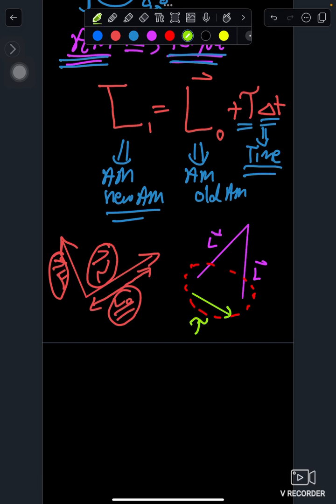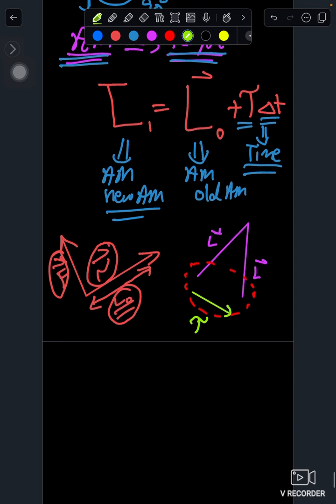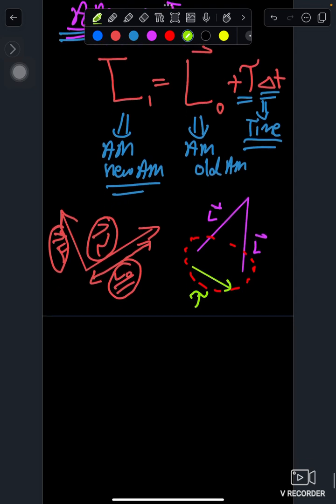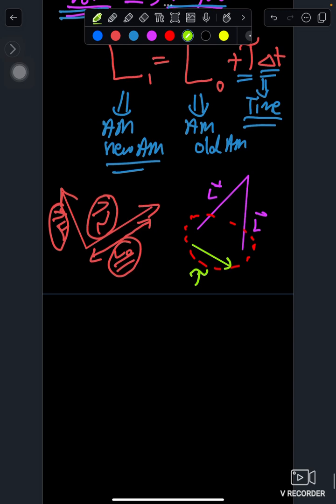This is R, distance. The intrinsic angular momentum of the electron traces out a circular path, caused by the torque produced by the magnetic force trying to rotate the electron.